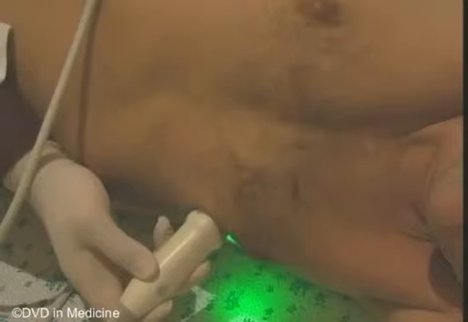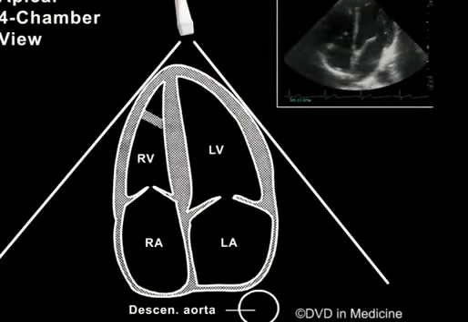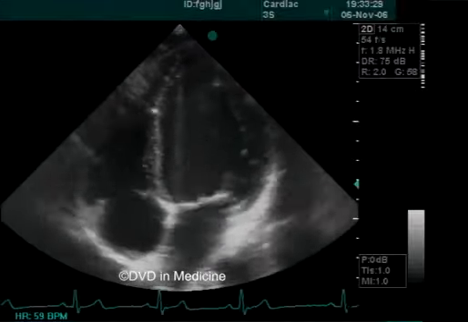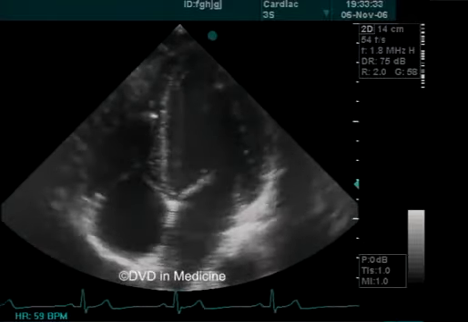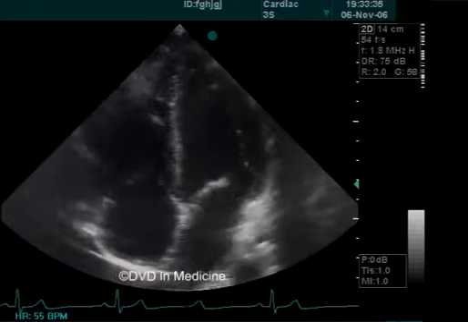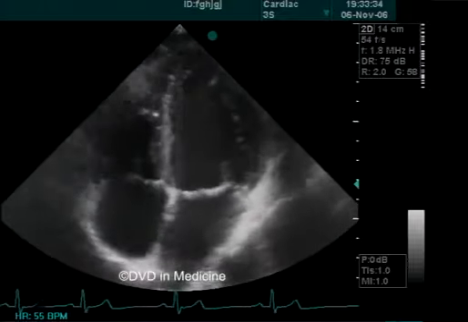One should aim the transducer in the direction of the right scapula. Traditionally, one obtains an image where the heart is placed with its apex at the top of the screen. Left chambers are on the right of the screen and right chambers on the left.